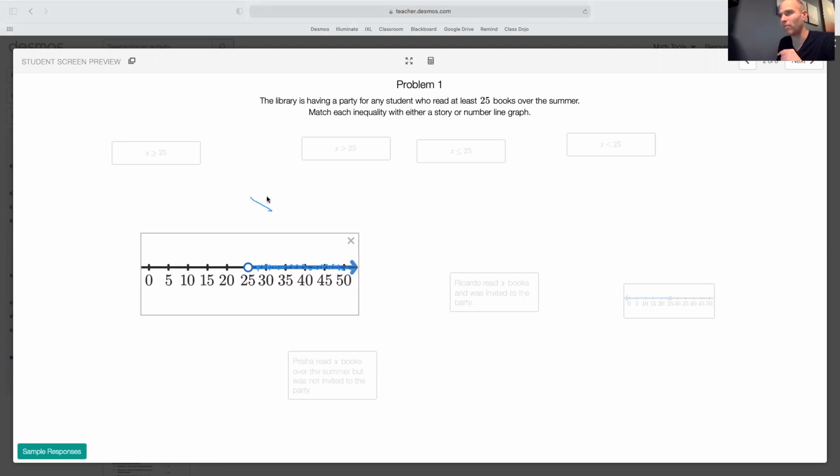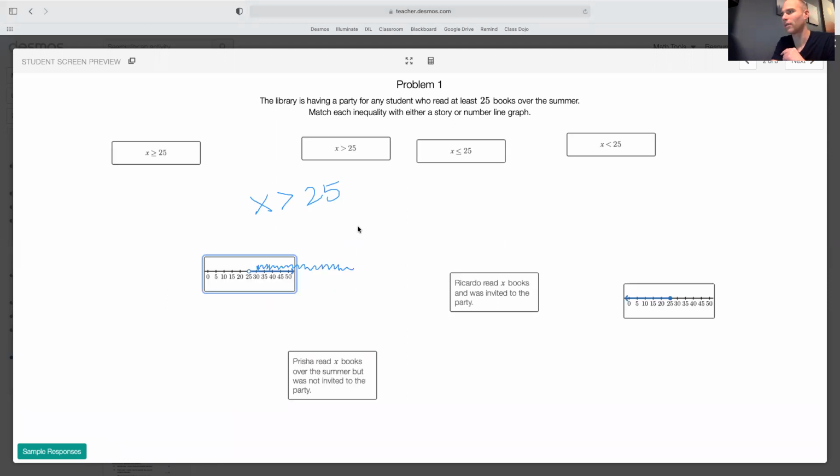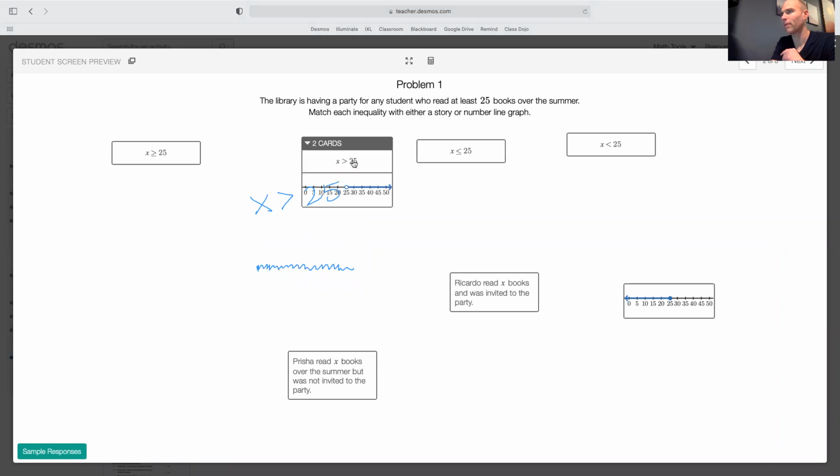So I would be looking for an inequality that says something like x is greater than 25. Do we have that one? Oh yeah, it's right above where I'm at. Right here. Okay, clear my screen.